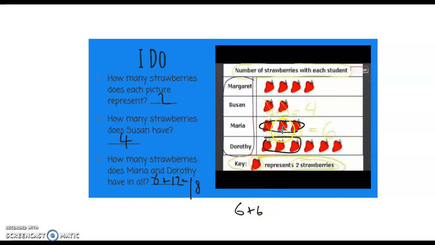So this is 2, 4, 6 over here, and 2, 4, 6 over here. And we also have some more, 2, 4, 6. So 6 plus 6 plus 6. 6 plus 6 equals 12, plus 6 more equals 18.